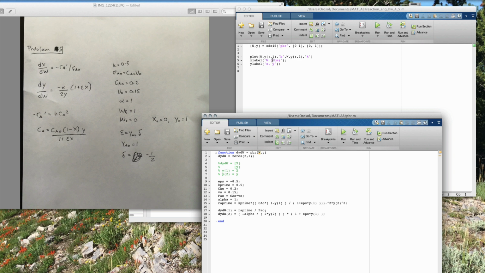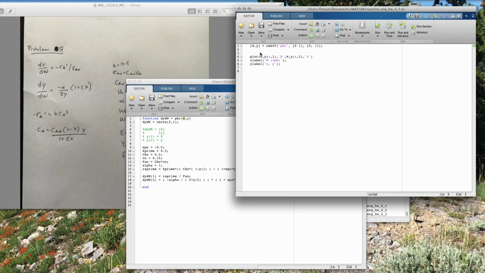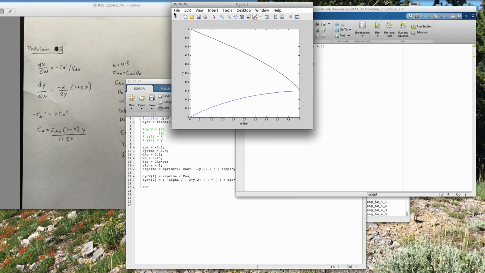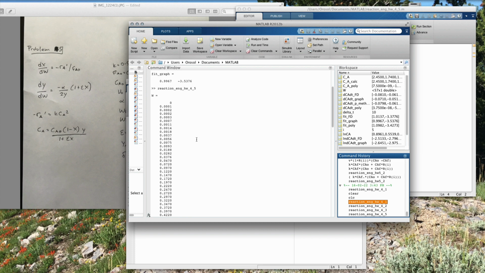So then I'm plotting, this is X, so Y(:,1), that's X, and Y(:,2), that's Y. So this is your pressure drop. And I'll just print those out real quick so you can see what we're getting. So I'll just do W and Y. So if I go over here, you can see these are the values it's using for W, just between 0 and 1.